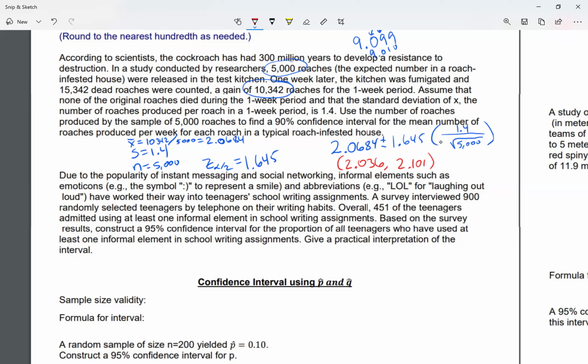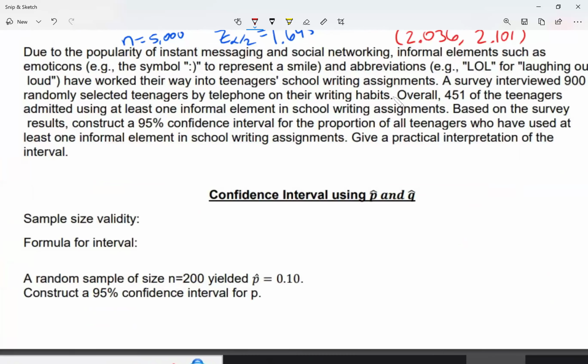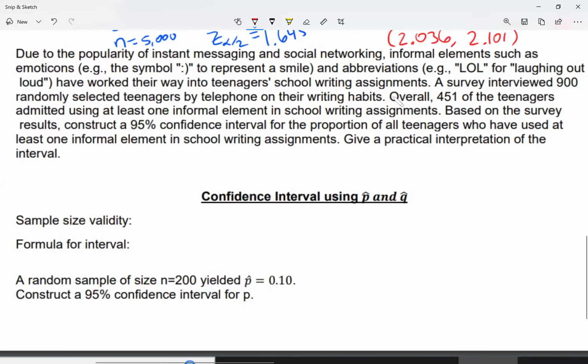Okay, let's take a look at another question here. Due to the popularity of instant messaging and social networking, informal elements such as emoticons, like the symbol with 2 dots and the parentheses to represent a smile, abbreviations like LOL, right?